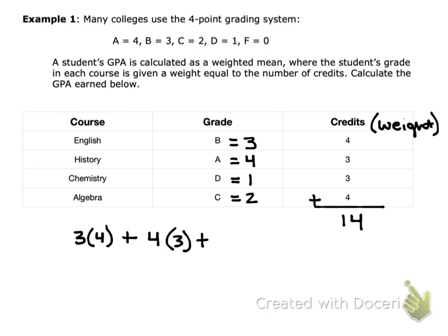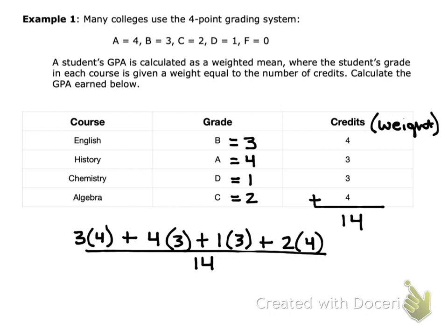Add that to my next point value of 1, and multiply it by its weight of 3. Add that to my last point value of 2, and multiply that by its weight of 4. This will then be divided by the sum of the weights, which is 14.